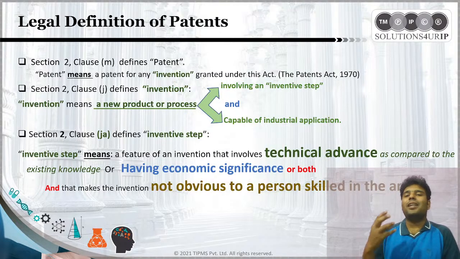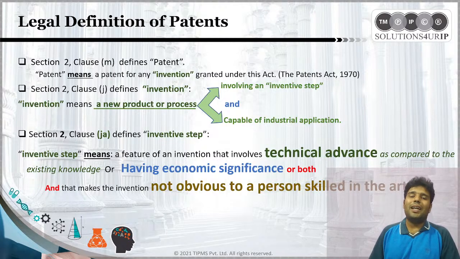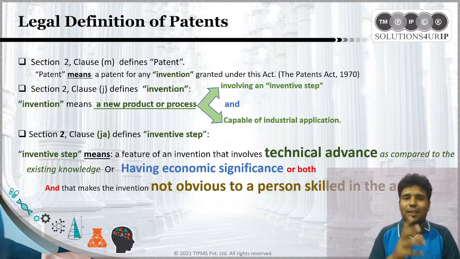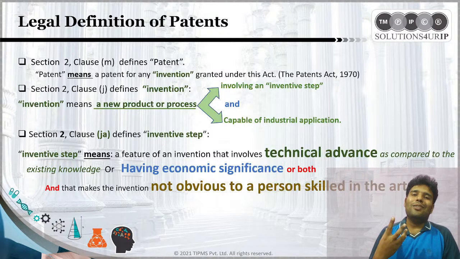Okay, technical advancement होना optional है. अगर technical advancement नहीं है, if it is not having the technical advance, it must and should have at least economic significance. That means, when I say economic significance, it means it should be cost effective, or in simpler words, it should be cheaper. It should be cheaper comparatively.